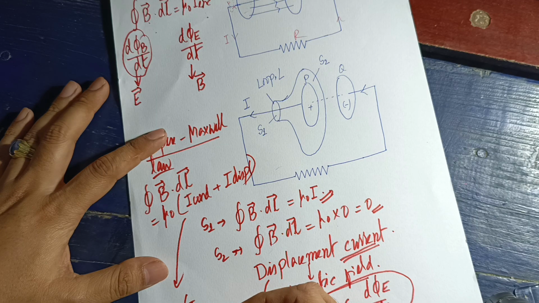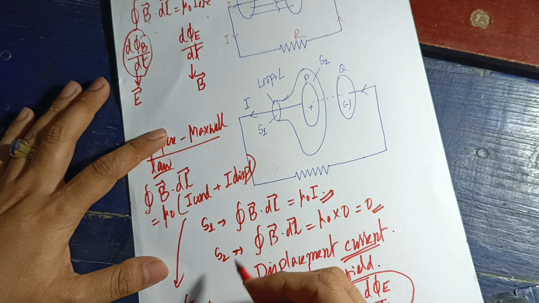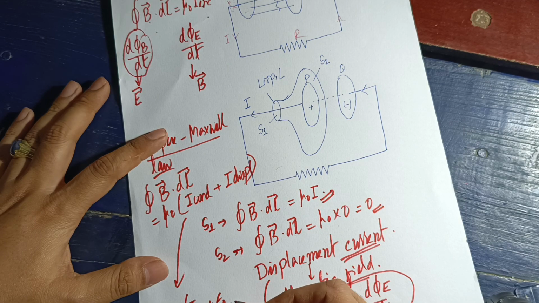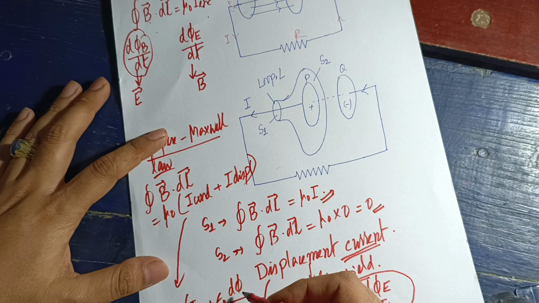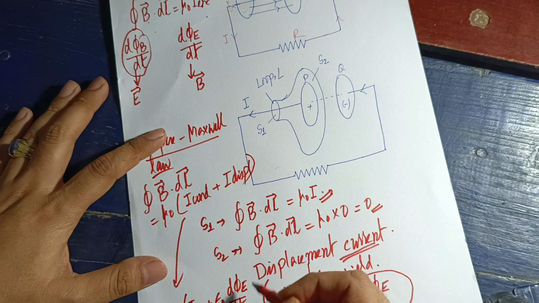This is the conduction current, and the expression for displacement current, as I have discussed, is equal to epsilon naught d phi_E by dt.